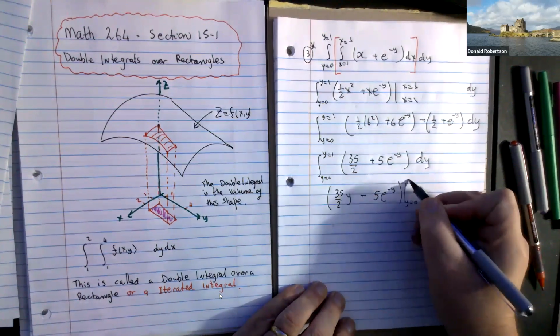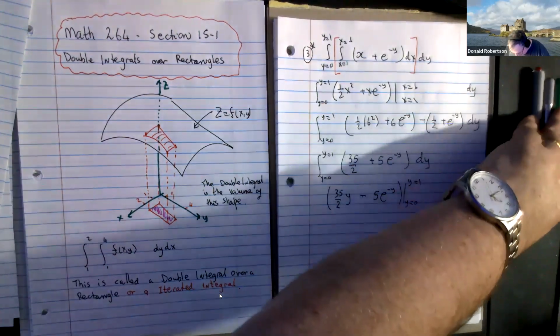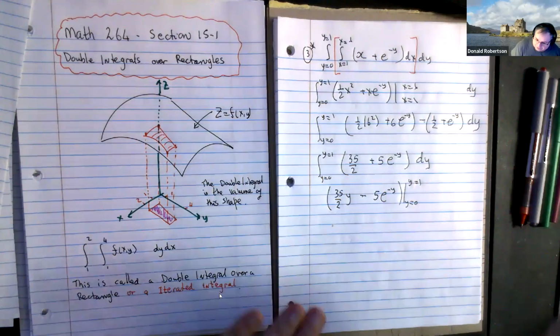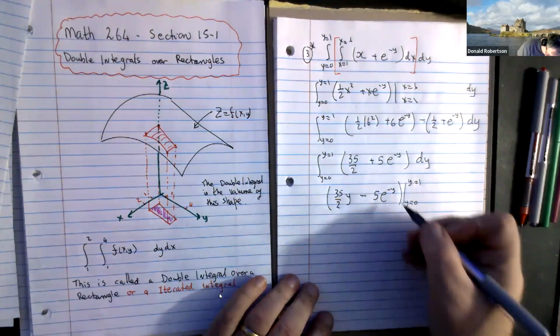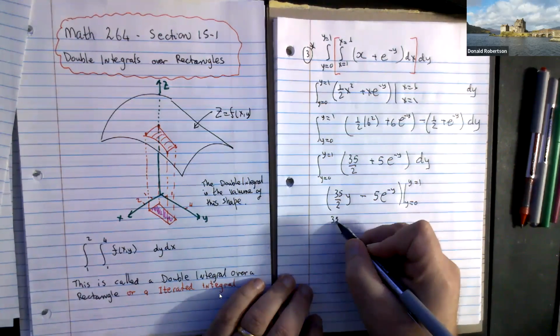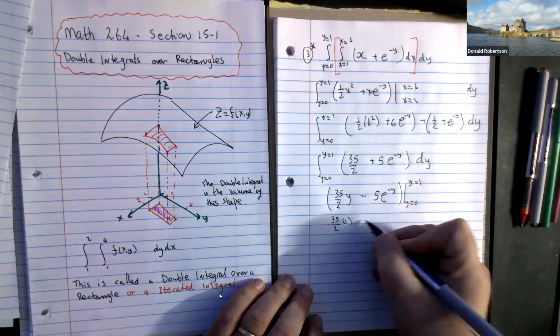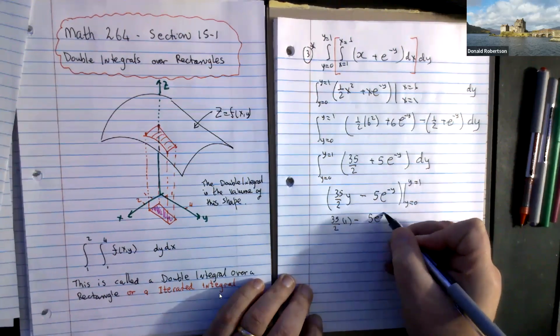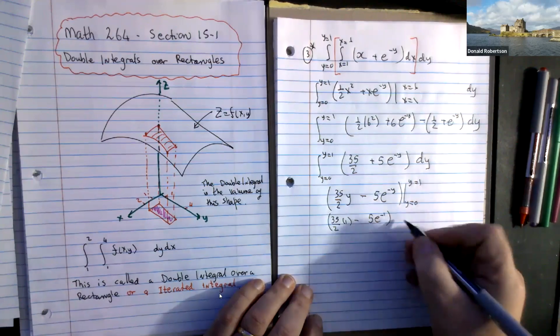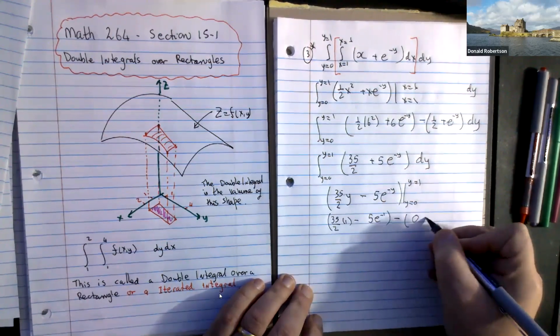Now, mathematicians, unless you're told otherwise, do not like decimals. We like exact values, so you might well have to play about with your answer so it's an exact value. If you plug in 1, you get 35 halves times 1, take away 5e to the -1, minus, I'll plug in 0 here and plug in 0 here.